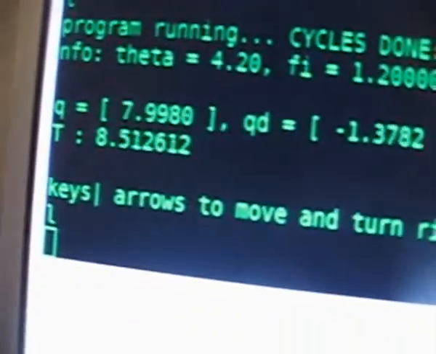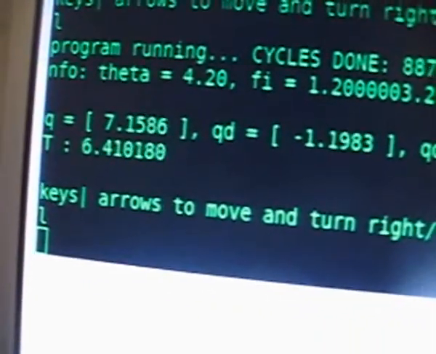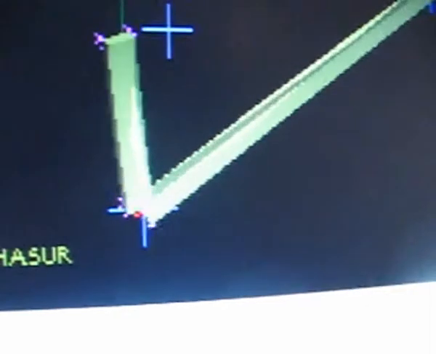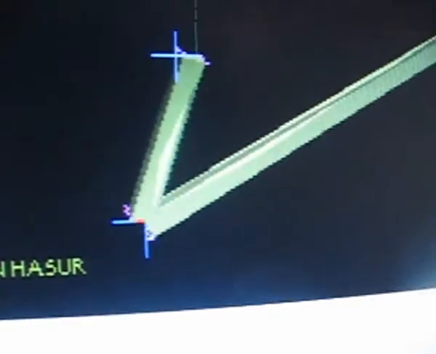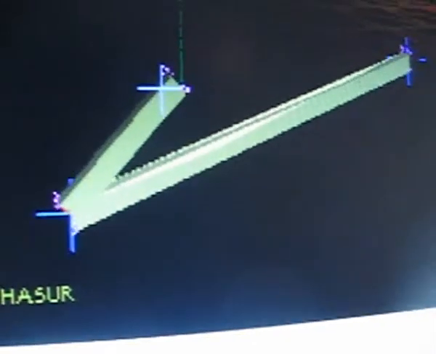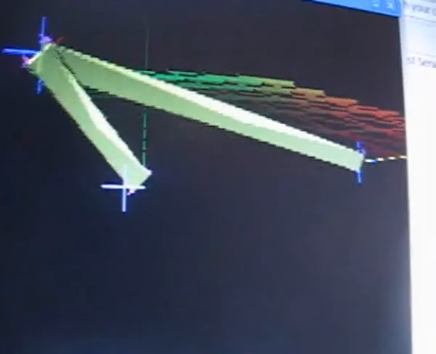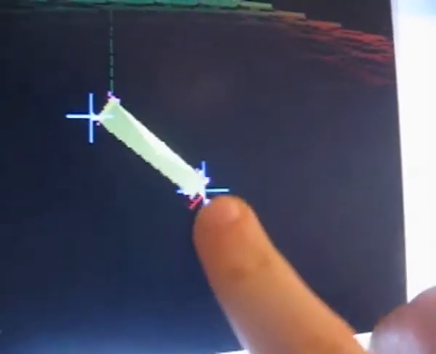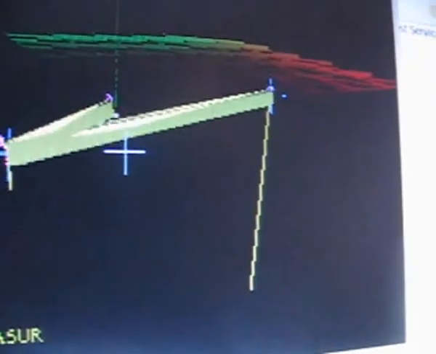You see that the kinetic energy lowers. The software draws the velocity vector here. Look at that red line there. Now let's give gravity.